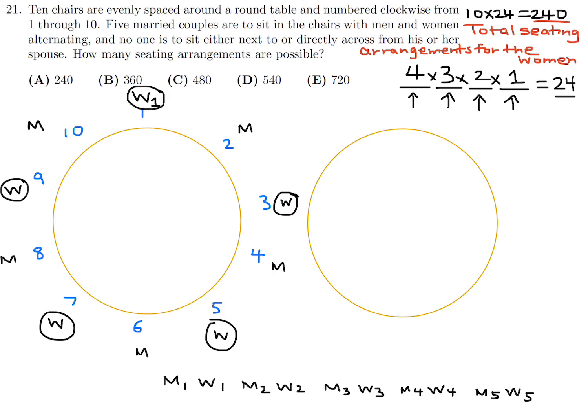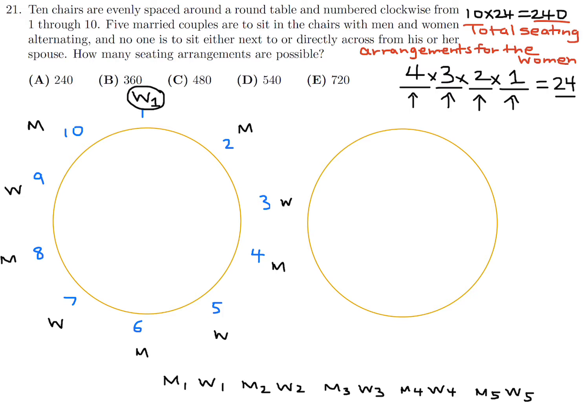First, let's just get an idea with an example. I think that'll be a little bit easier. Let's create our first scenario, and that will give us an idea of what it's like. In our first scenario, W1 is going to be in chair 1 as indicated here.